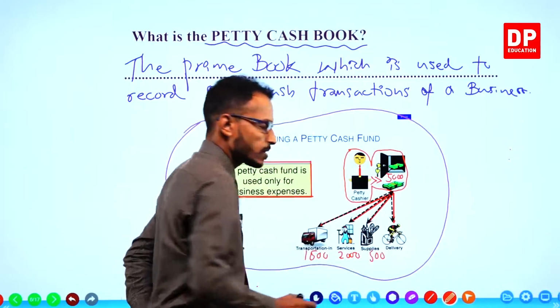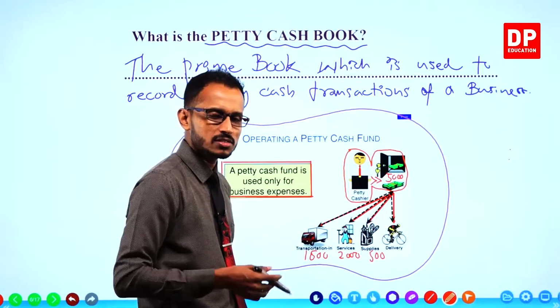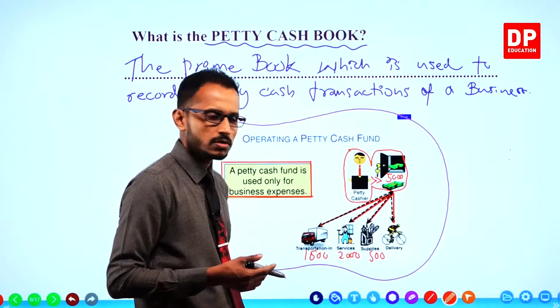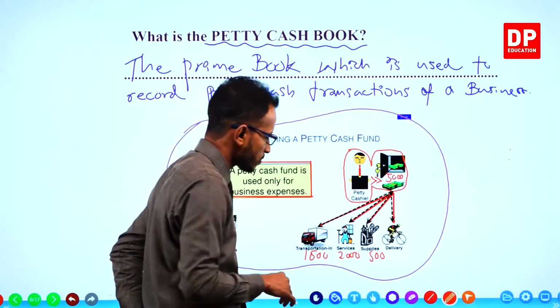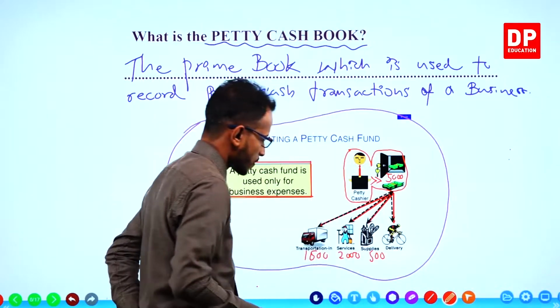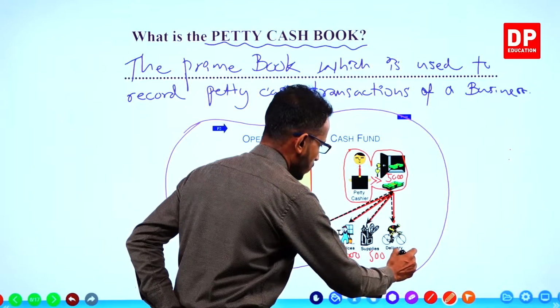Supplies means office supplies like stationeries, stapler pins, and those types of small supplies. And for deliveries, he has spent another 200.